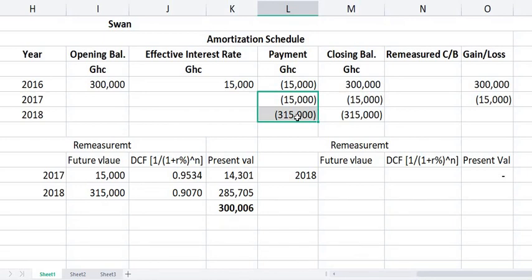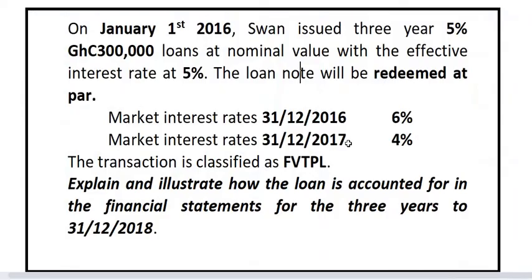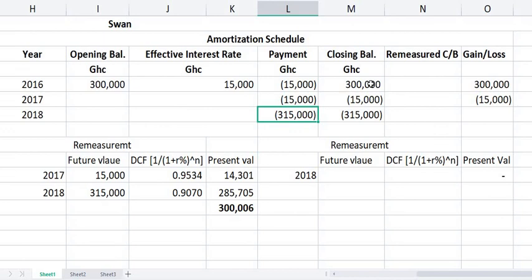With that established, at the end of 2016 the effective interest rate changed. So we need to remeasure our closing balance, since the effective interest rate is no more 5%. Our closing balance has to be remeasured before we enter the new year, 2017.